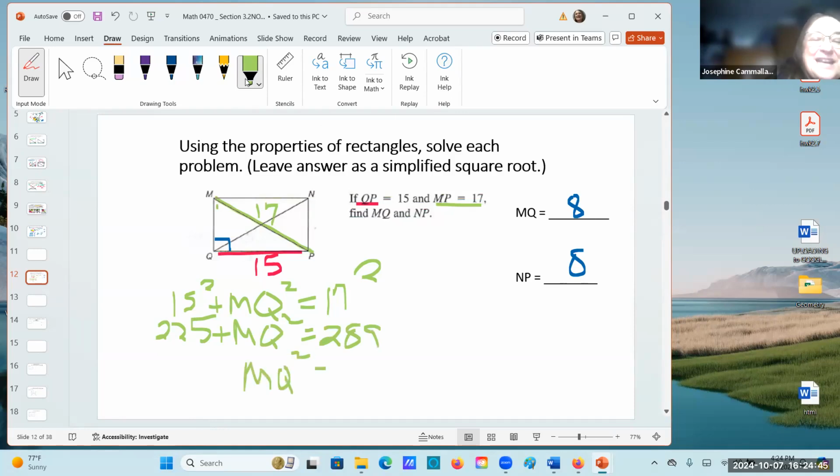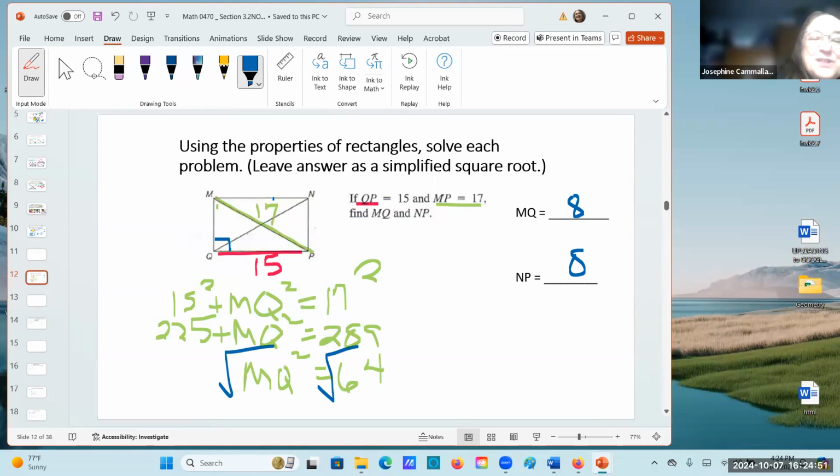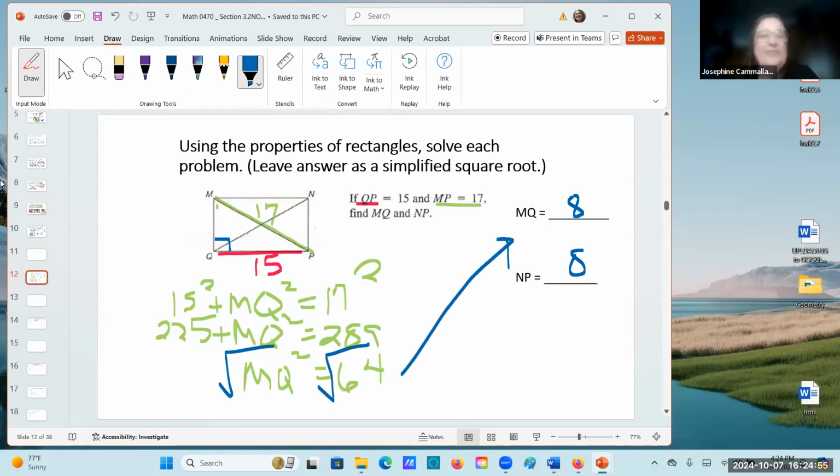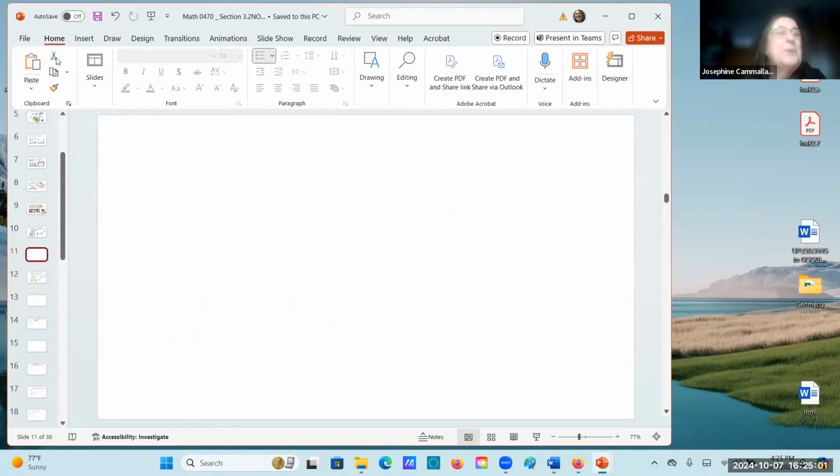MQ squared is 64. And taking the root gives me 8. Okay. Any questions with that one?